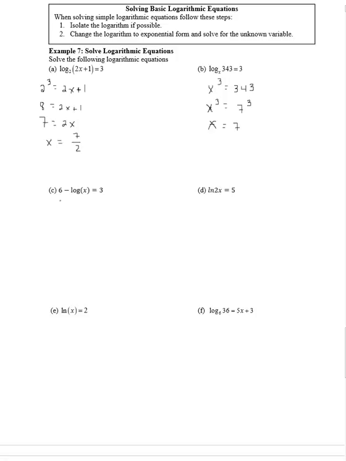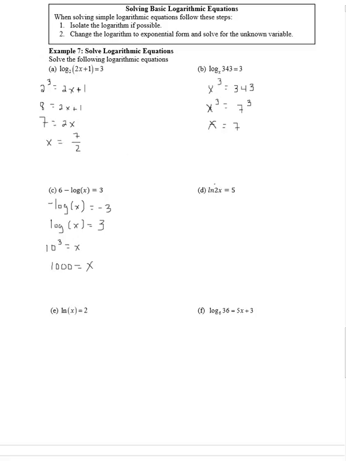Part C, we have to isolate the logarithm first. So we have negative log base 10 of x equals negative 3. So log of x equals positive 3. So 10 cubed equals x, which means x is 1000. Remember, if there's no base with the logarithm, it's base 10.